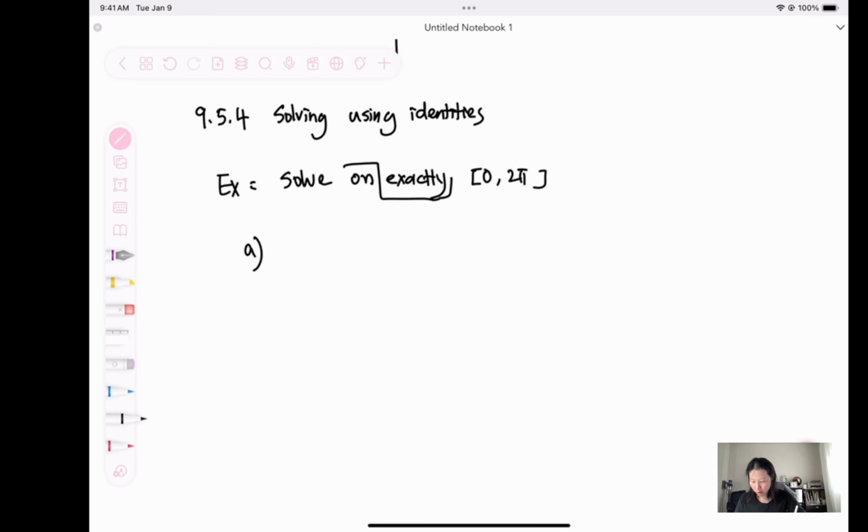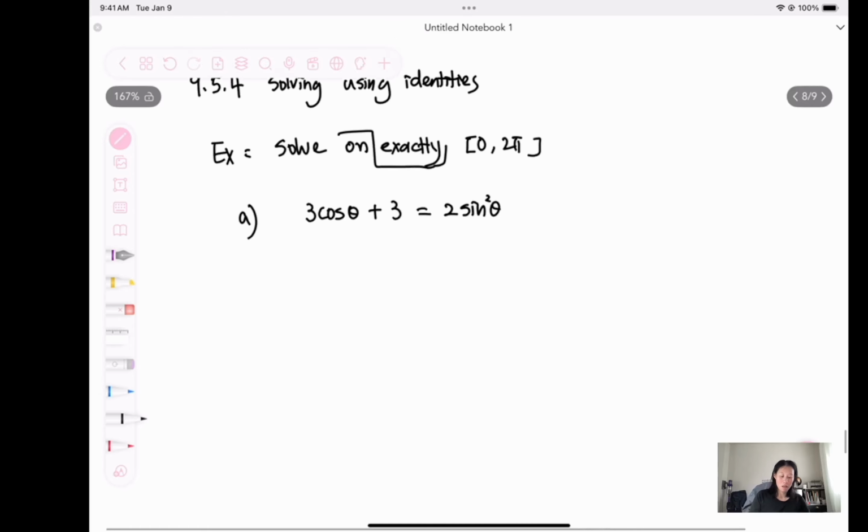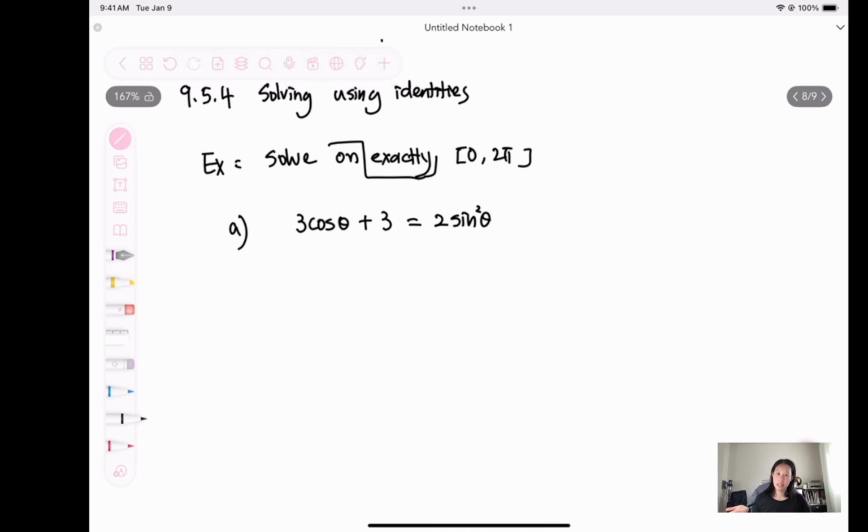First I have 3 cosine theta plus 3 equals 2 sine square theta. Now, whenever we see the square, we need to think about the Pythagorean theorem, which is sine square plus cosine square equals 1.